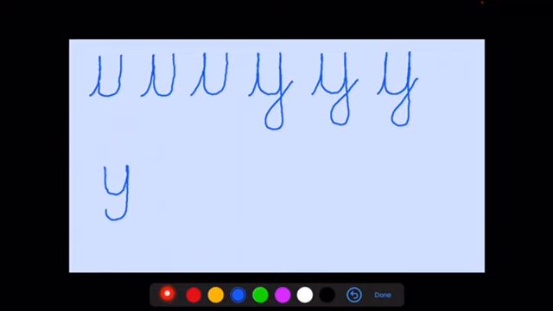Let's try that again. Start at the top of the letter, straight line down, curl under, up, down over the top and go below it to add a curl under going the other way.